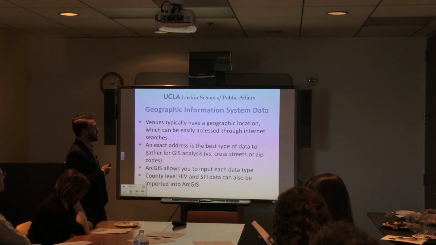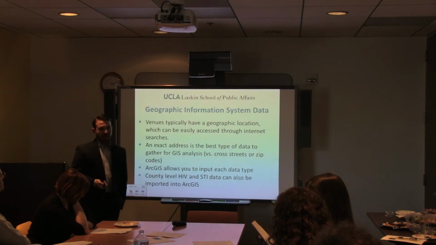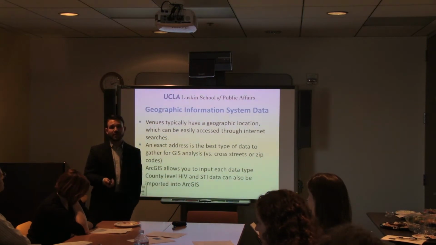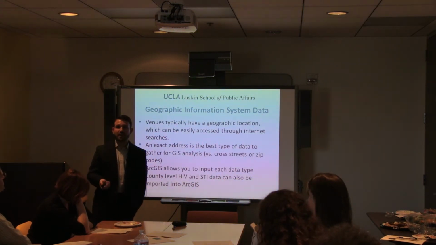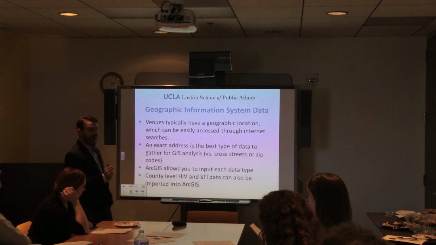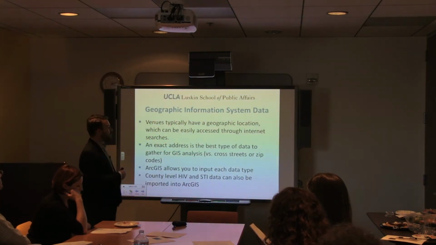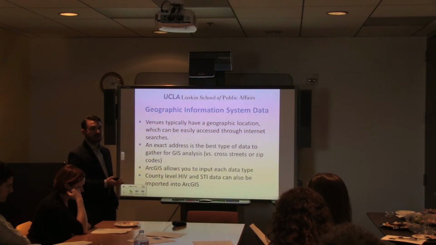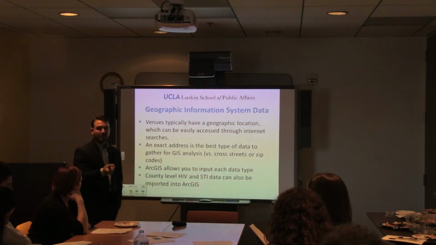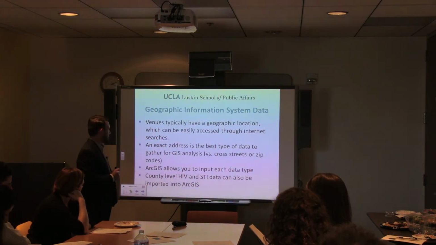You can easily look up an address for a particular venue, and then enter those addresses into a geographic information system software package like ArcGIS or a similar package. It's best to have exact addresses, but you can also enter cross streets or zip codes, depending on the resolution at which you have the GIS data.